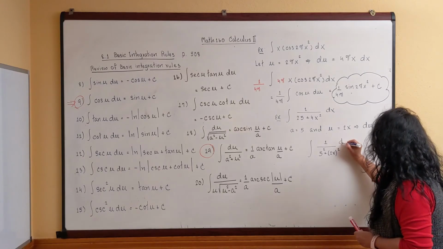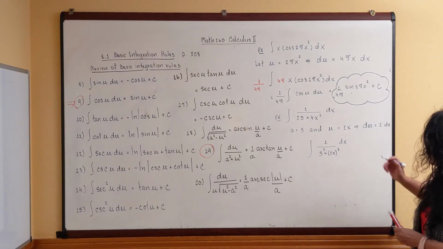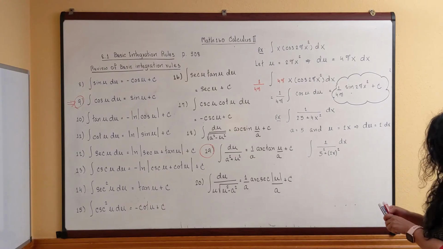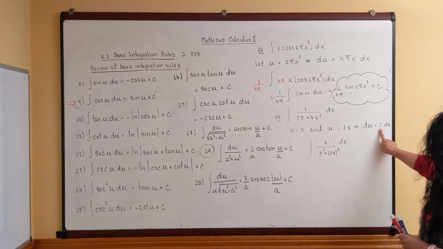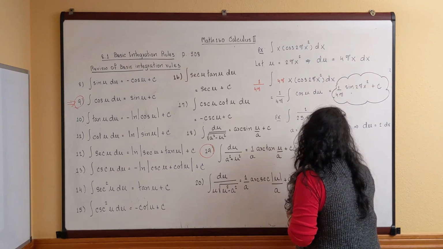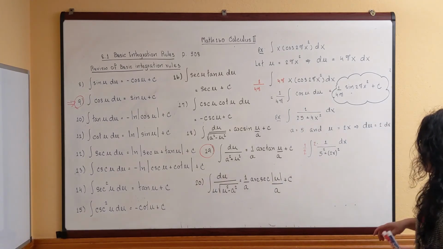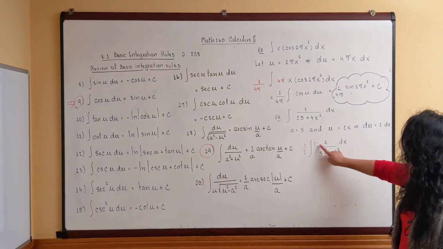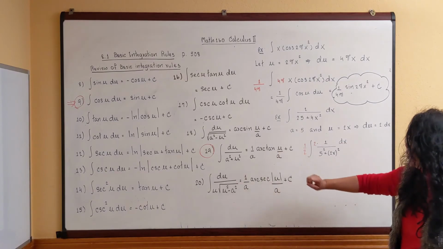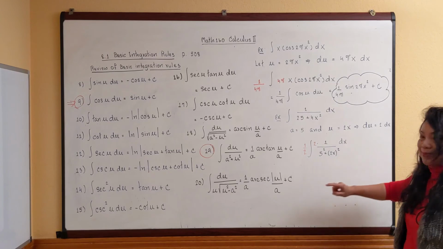Okay, I have the dx here. I'm missing the 2. As you can see, I'm missing the 2. So what I'm going to do, I'm going to multiply by 2, so I get 2 dx. Then I'm going to multiply by 1/2. Alright, so from doing this, I have 2 dx, which is my du, a squared, u squared. Perfect.